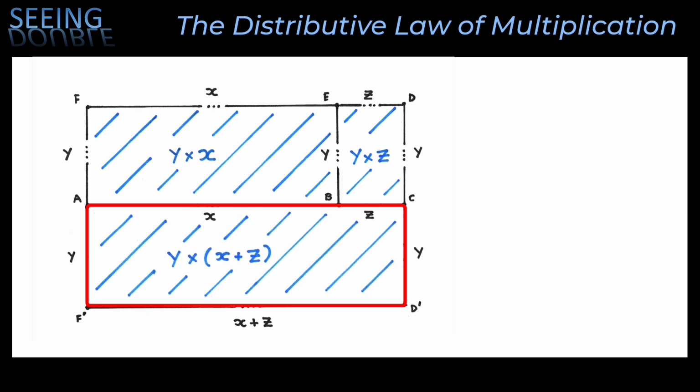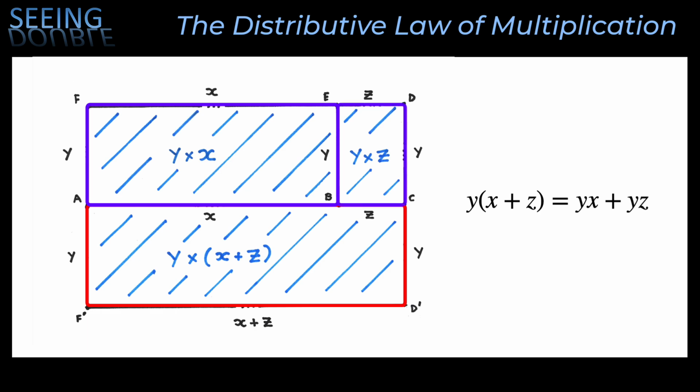Based on the thinking that we have done about the rectangle ACD''F' as a reflection of rectangle ACDF and their equal areas, we can say, based on this diagram, that y by x plus z, the area of rectangle ACD''F', is equal to y by x plus y by z, as the area of rectangle ACDF is made up of rectangles ABEF with area y by x and rectangle BCDE with area y by z.